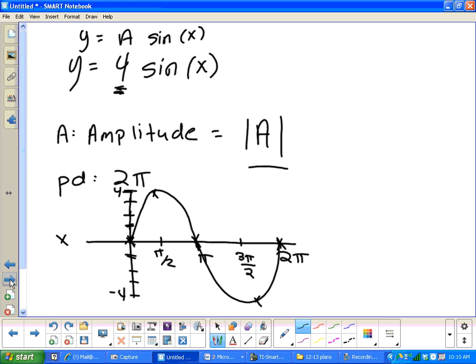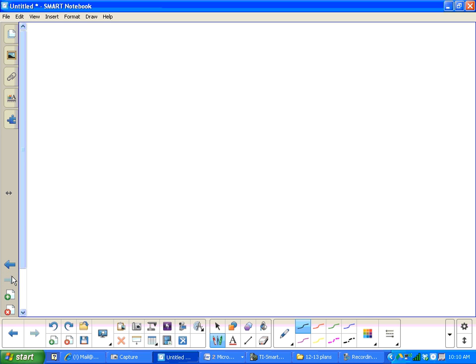One of the harder aspects is when we start changing the period. Let's look at this idea here. So we have y equals, and I'm doing a general form now, so this is not an example, y equals plus or minus a, so that a stands for amplitude, sine, it could be cosine there, it doesn't matter, of, and now I'm going to mess with it and put a number in front of the x.